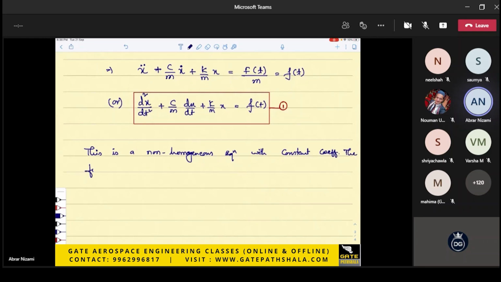The function f of t is called the forcing function.